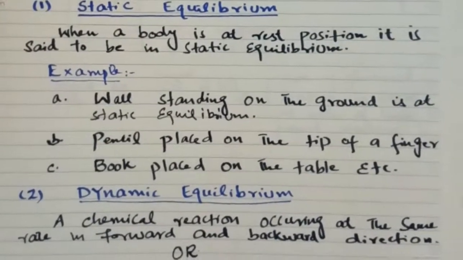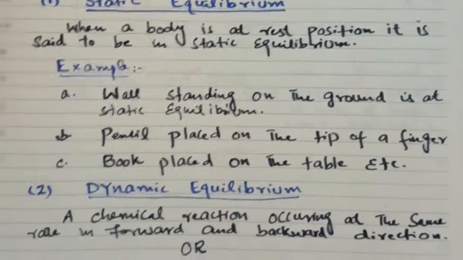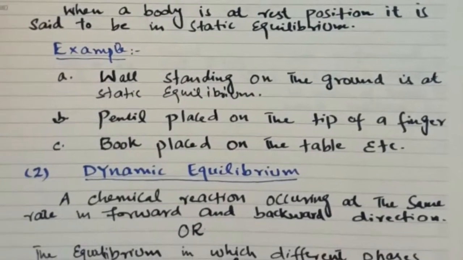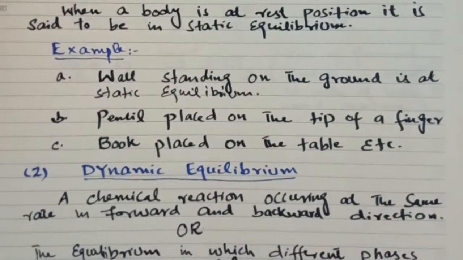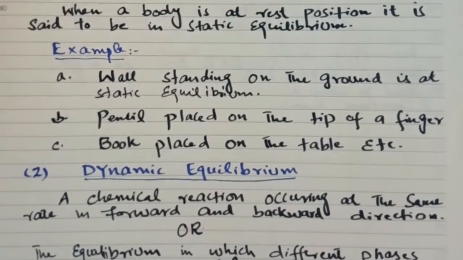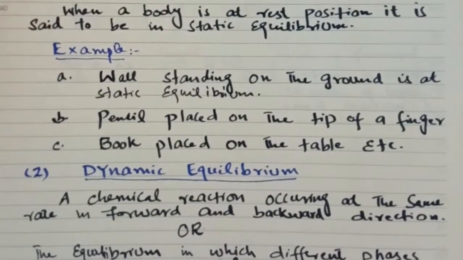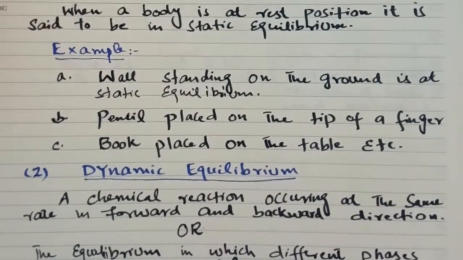Let's suppose a chemical reaction is occurring at the same rate in the forward direction as well as in the backward direction. It means the number of particles moving in the forward direction is the same as the number of particles moving in the backward direction. Such reactions are said to be at dynamic equilibrium.